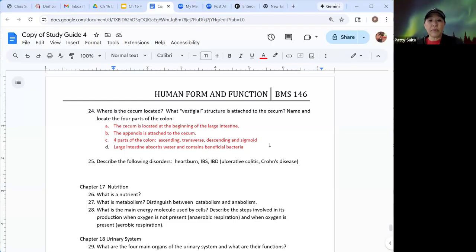So, when you think about it, if water absorption happens in the colon, if the fecal material moves too slow through the colon, it absorbs all the water and you get constipation. If it moves too quickly, all right, the water is not absorbed, so it comes out as diarrhea, right?